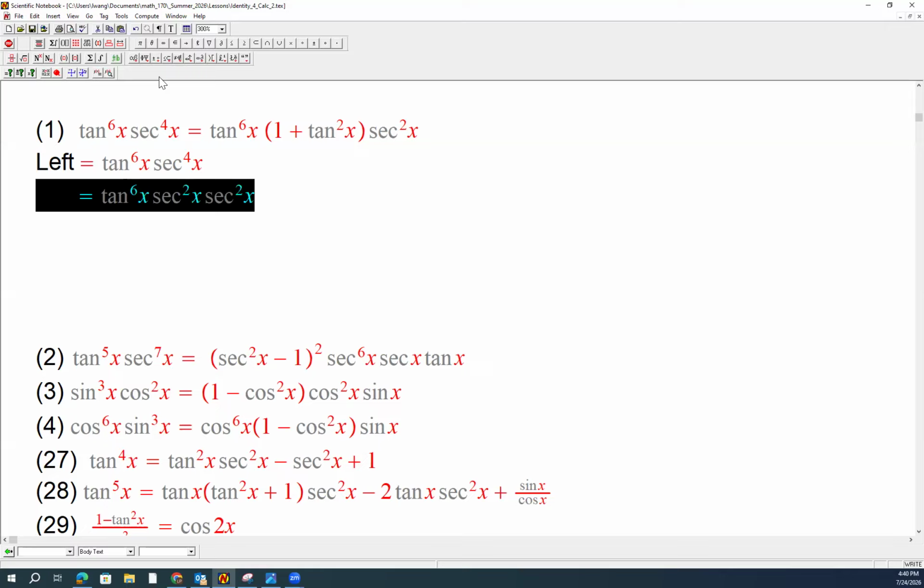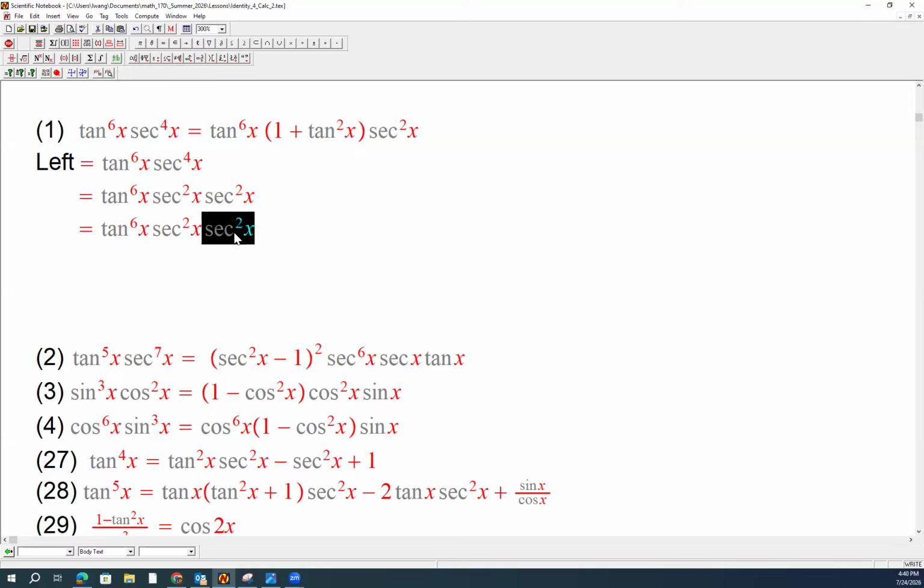In the next step, we keep one secant squared and convert the other one. We use the identity secant squared equals 1 plus tangent squared.